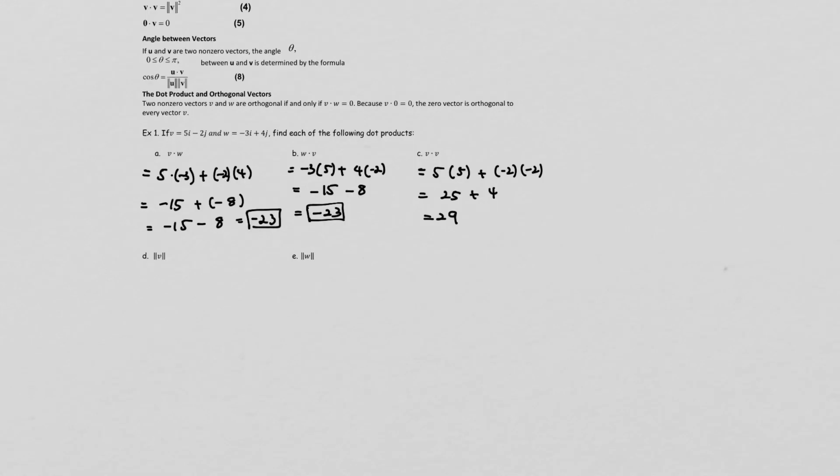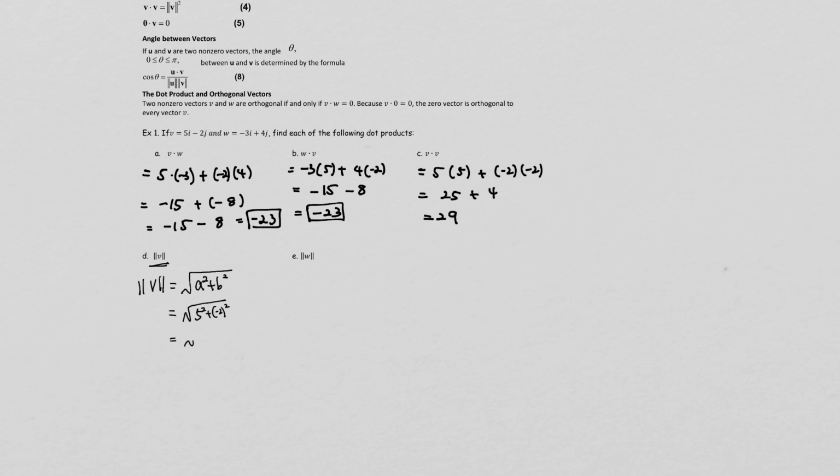What about finding the magnitude of the vector v? This sign right here looks like absolute value, but you have 2 lines instead of 1. This is finding a magnitude. Magnitude is the distance, the length of that vector. The formula is going to be the square root of a squared plus b squared. So your a is going to be 5, so it will be 5 squared plus negative 2 squared.